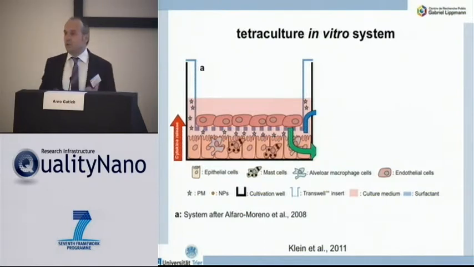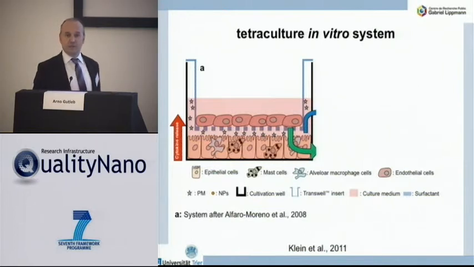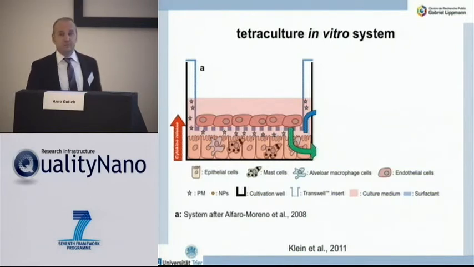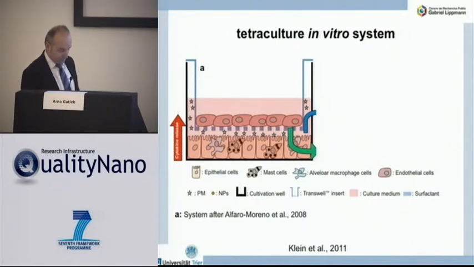So this creates two problems. How are you going to dose your nanoparticles or your particulate matter to your pulmonary cells? That's quite tricky in the system. And of course, it's a very unfunctional situation in relation to which cells is where in your system.